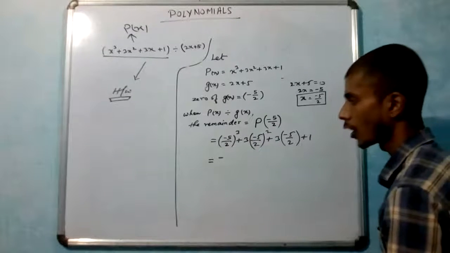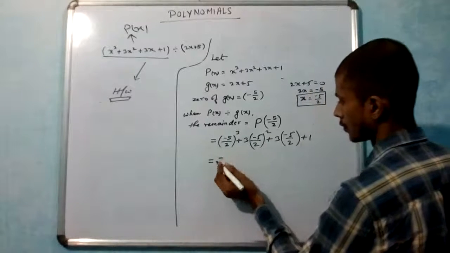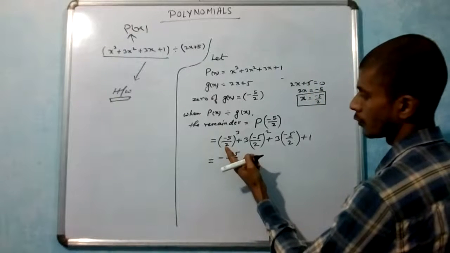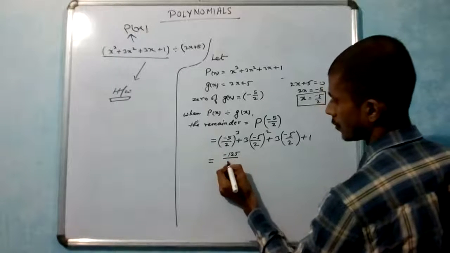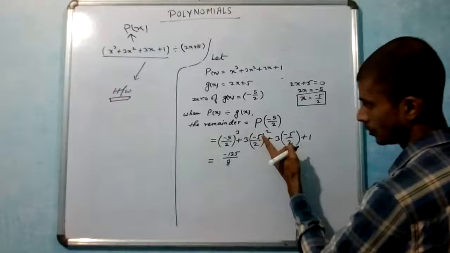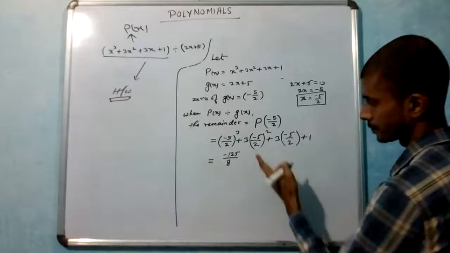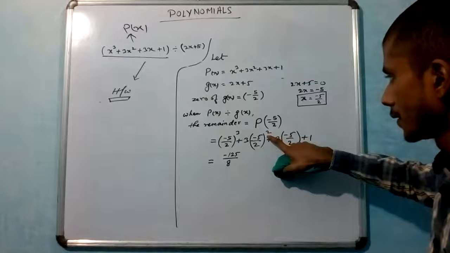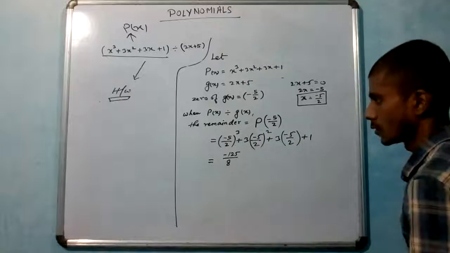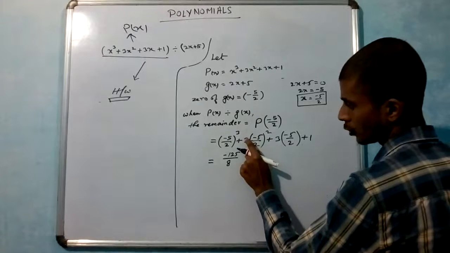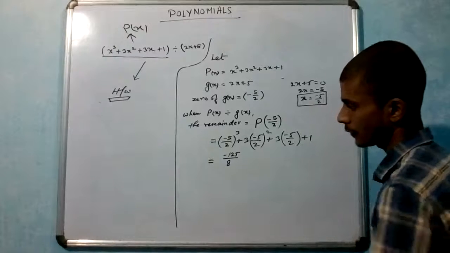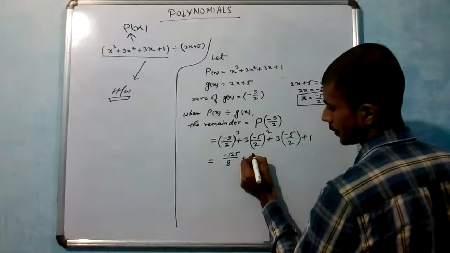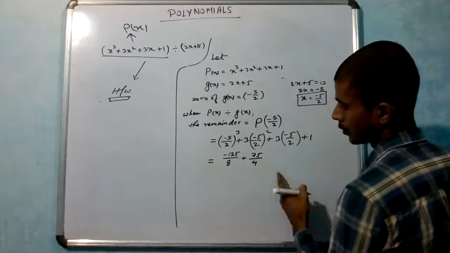For the bracket first, minus is here and square is here, means this minus will become plus, and this will become 25, this will become 4. 25 by 4, and 25 into 3, how much? 75 by 4.